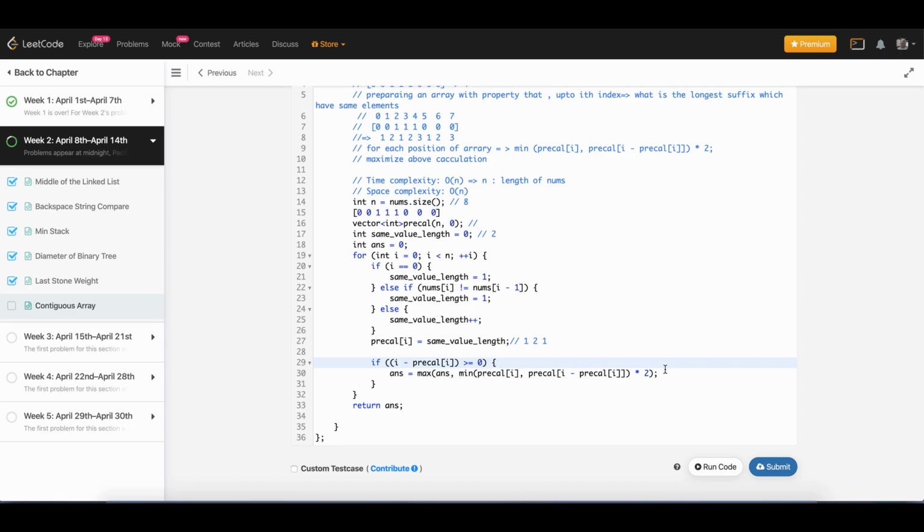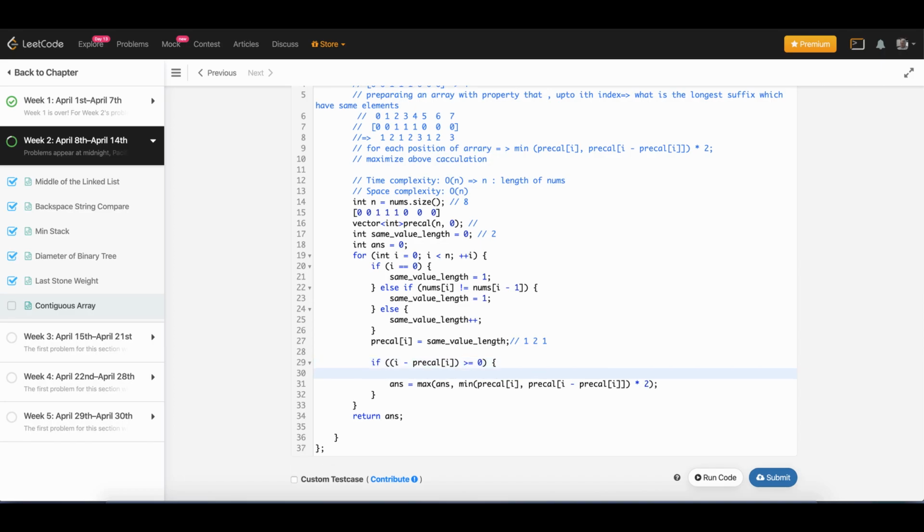Initially answer was 0, and it will try to maximize among 0 and the minimum among the values in this and this position.